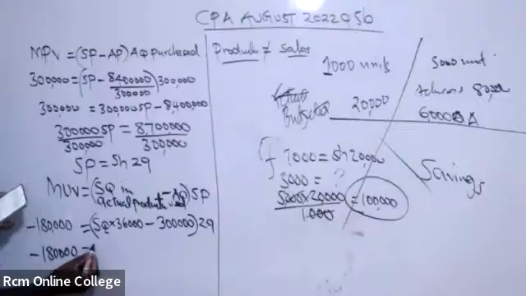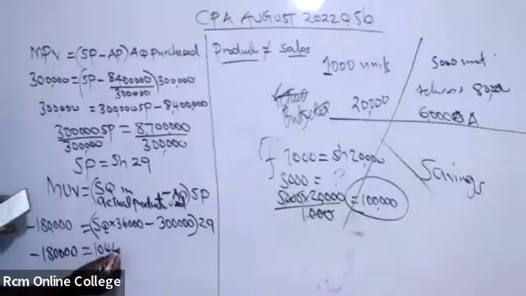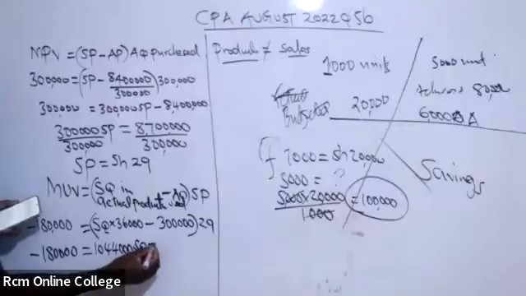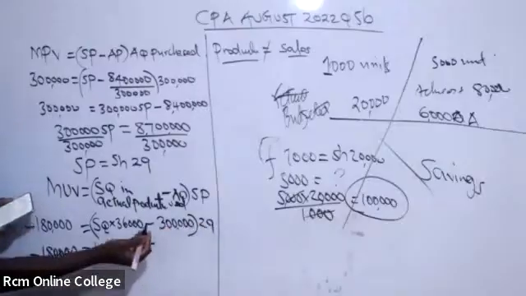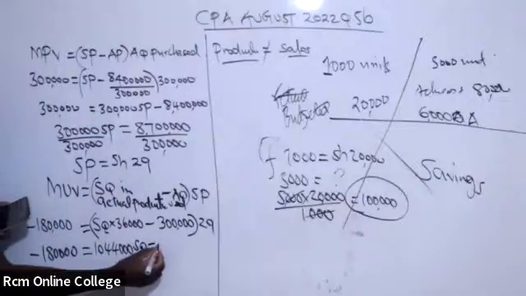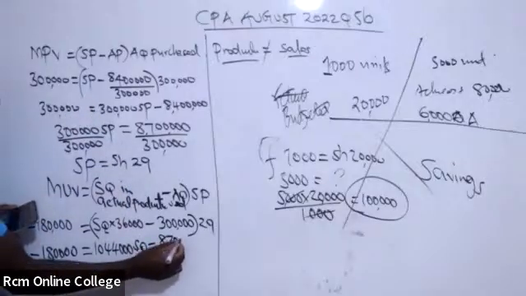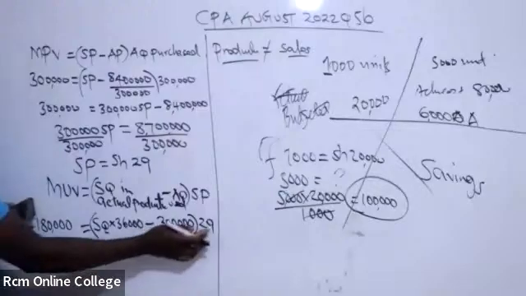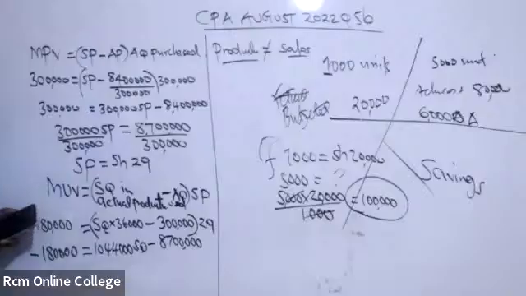So we have SQ times 29, that is the standard quantity, minus 300,000 times 29. I think it's taking us to 8,700,000. Can somebody confirm? Is it true that 300,000 by 29 is giving us 8,700,000? Yes. Good. So let's collect the like terms.